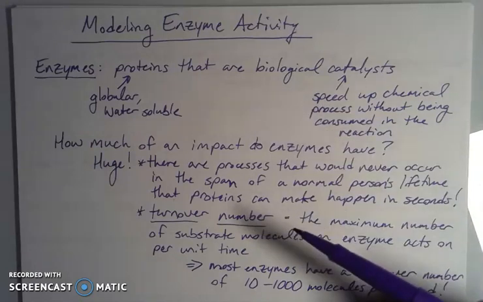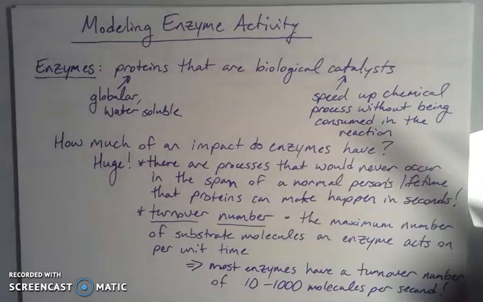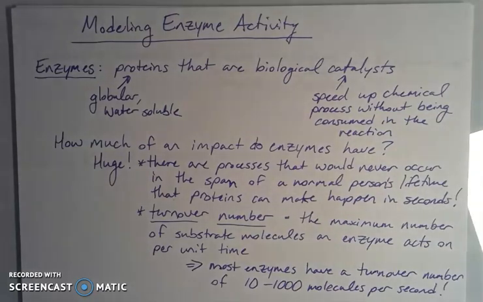So it brings that energy down, and then it gets spit out the other side whole as it was, and then it can go on to catalyze something else. So these proteins that act as enzymes can be used over and over and over again and can catalyze a number of different reactions.